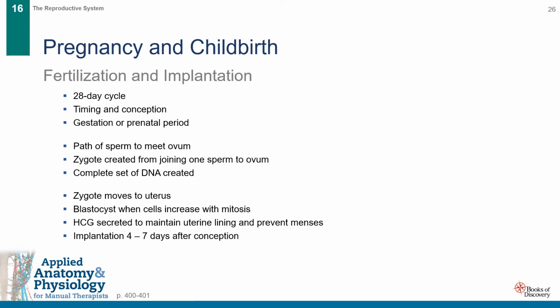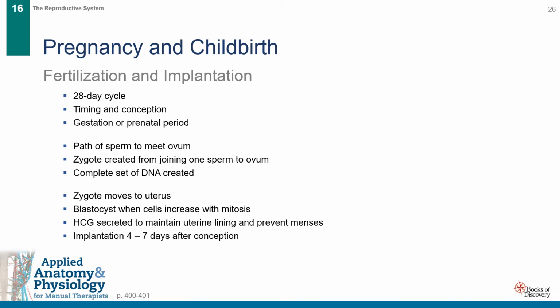When sperm bump against the ovum, they release enzymes that break down the egg's protective outer covering. Eventually, one completely breaks through and enters the ovum.